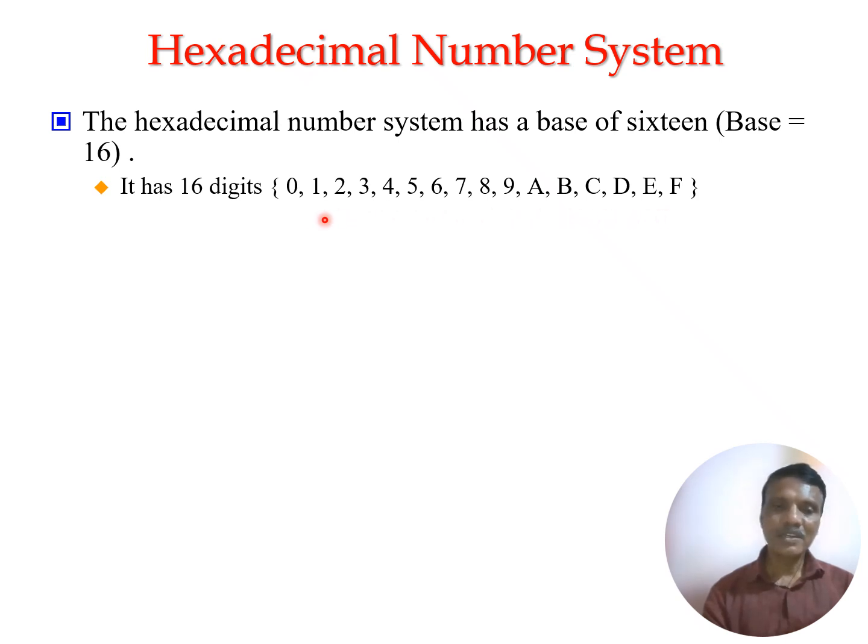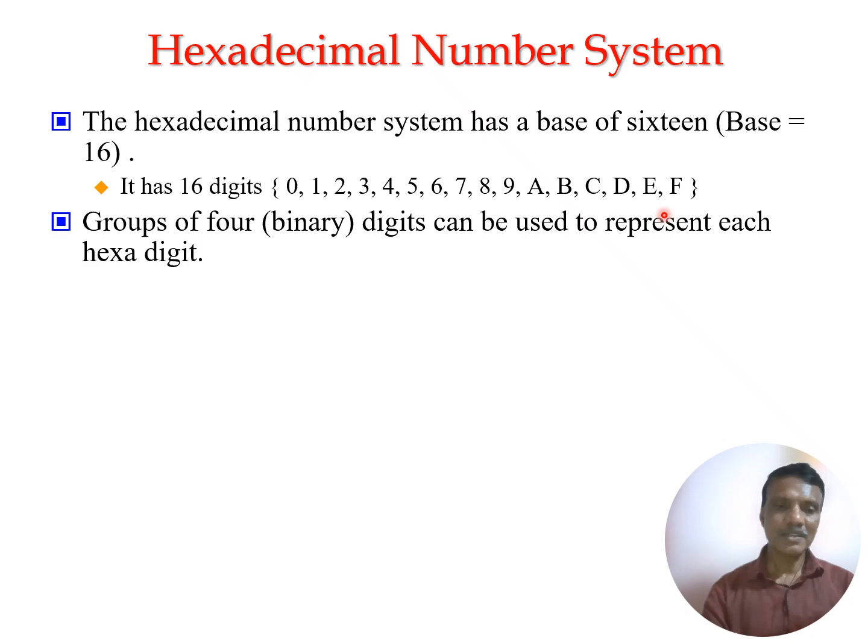So there are 16 numbers in total in the hexadecimal number system.